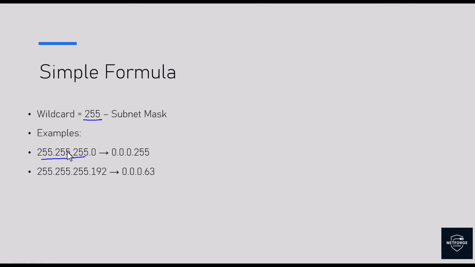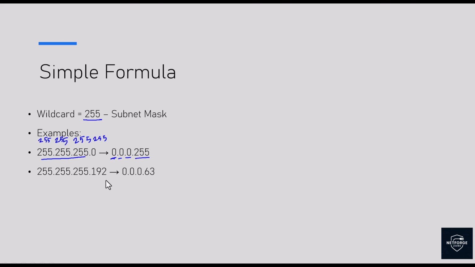You can subtract it from 255.255.255.255, and the result is going to be this. So 255 from 255, that's going to give me a 0. Another 255 subtracted from 255 is going to give me 0. The last one is going to be 255 because I am subtracting 0 from 255. So you can see that by subtracting the subnet mask from all 255s, you're going to receive a wildcard mask, which is very easy.